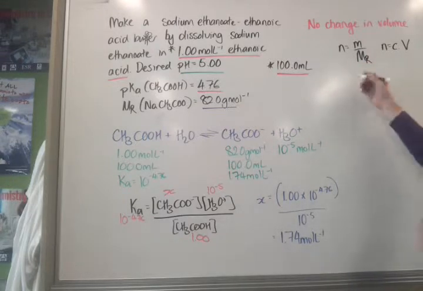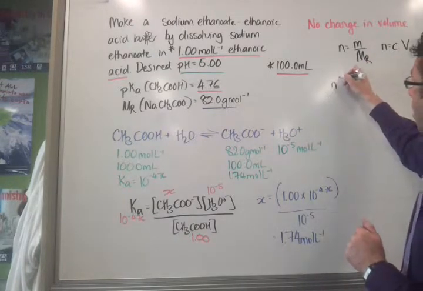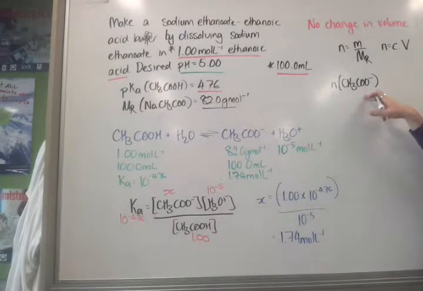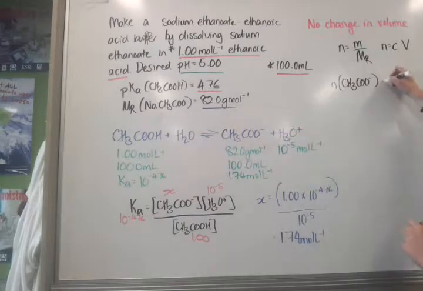So I can go, the number of moles of ethanoate ions, again, I'm not worried about the sodium yet, that'll come in a moment, it's not shown here, is the concentration 1.74 times 100 over 1,000. Over 1,000 because I need to get my mils into litres.